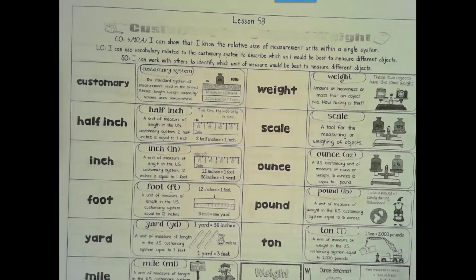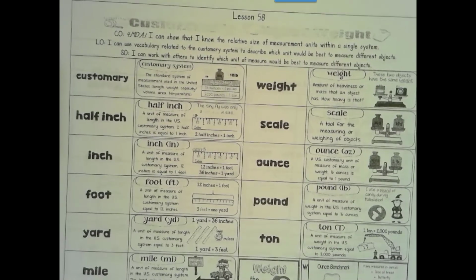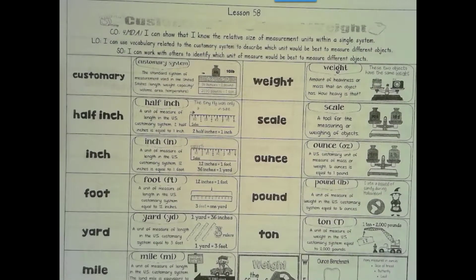We use metric in science, especially science and medicine, but in construction and many other things we use our customary system. But if you go outside the United States, there's only 1 or 2 other countries that use a customary system.